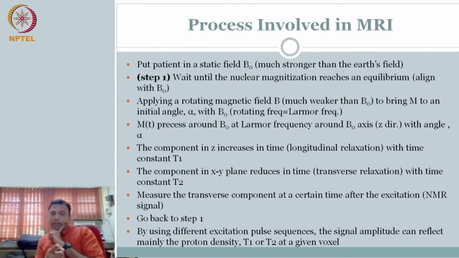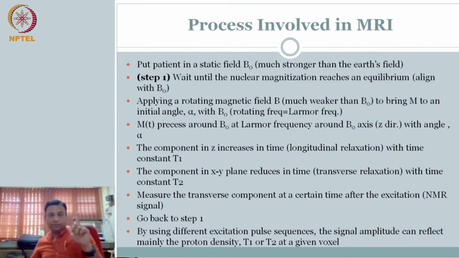Now, in the next step, if we introduce another rotating magnetic field, then we will be able to manipulate this magnetization vector so that in the XY plane also you will start to make them in phase, right? Therefore, you will have a magnetization vector component in the XY direction as well.